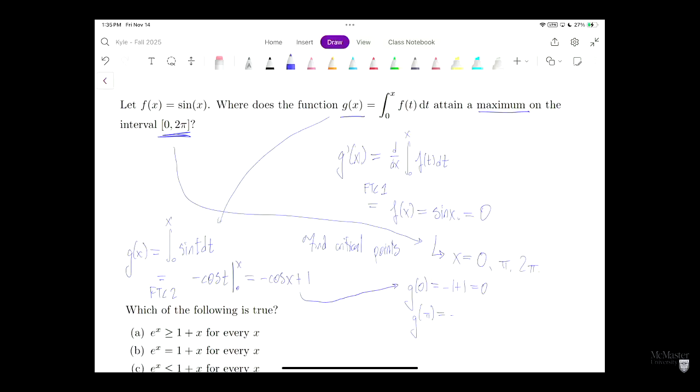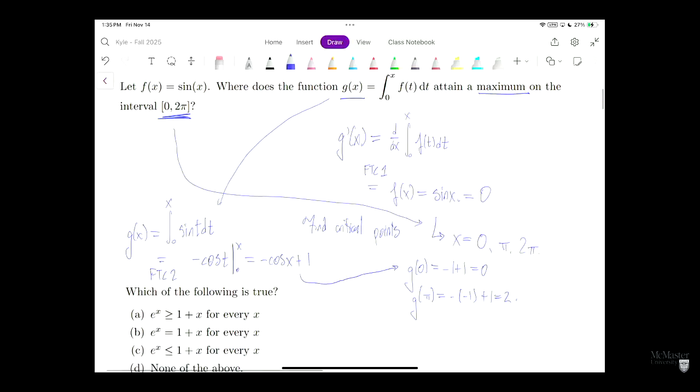And remember, cos of pi is exactly half a period, so we're going to be at negative 1. So negative 1 plus 1, which is 2. And then g at 2 pi is going to be the same as g at 0 from the periodicity. So g at 2 pi is just going to be equal to 0 again.